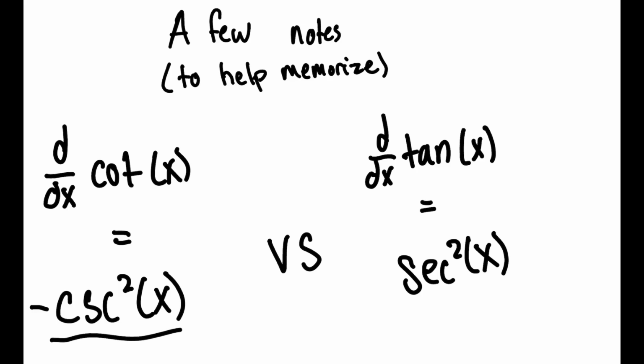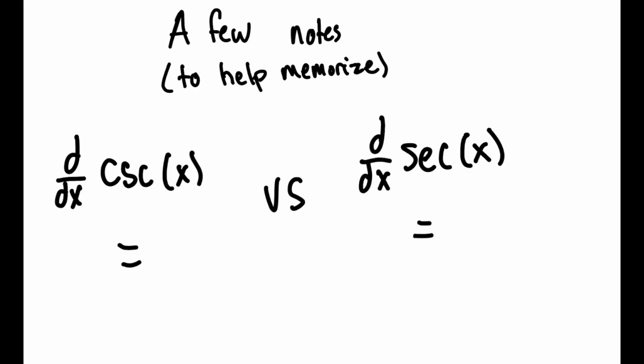Cosecant, secant, cotangent, tangent. Because there's a c at the beginning, we make sure that there's a negative. And because there's a co, the co stays here. And because there's no co, it's just tangent, we don't put a co at the beginning, it's just secant.